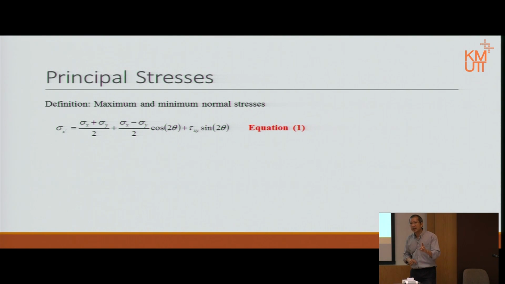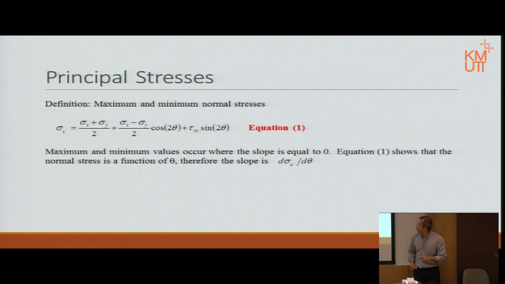Again, I emphasize, when we rotate the element by 1 theta, all these changes are caused by 1 theta, not 2 theta. We turn it 1 theta, the equation shows 2 theta itself. So when we do differentiation, we do not do it with 2 theta. We do it with the real turning, 1 theta.